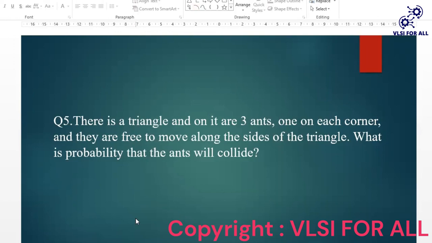Wait, let me share my whiteboard. Guys, is the whiteboard visible to you? So we have ants at each corner, right?